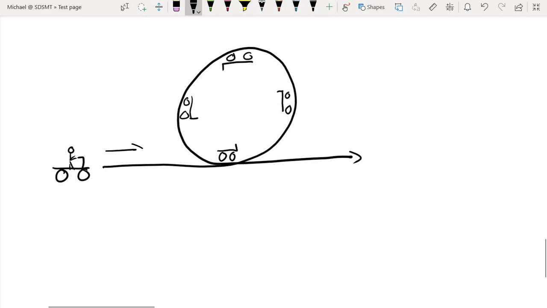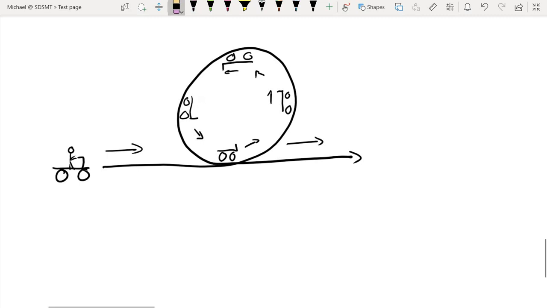So we're traveling this way, and then as we enter the loop-the-loop, we're going to start changing the direction of the speed of the bike as we go all the way through the loop.